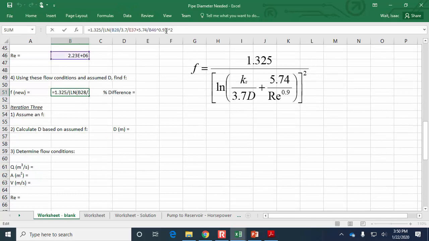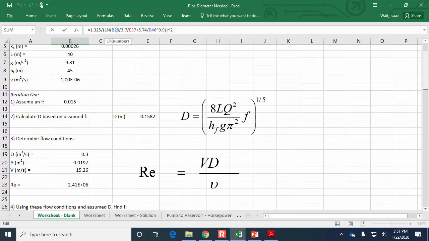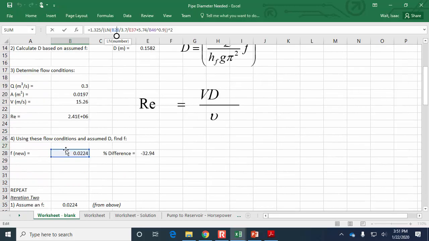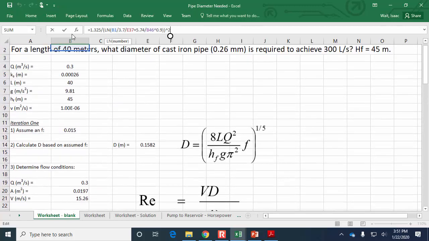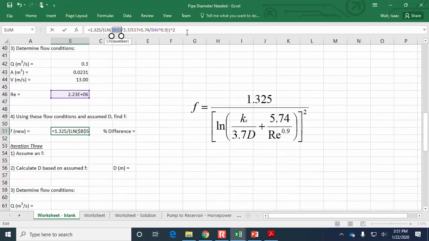Other times you have to debug it a little bit. So the logarithm of k sub s to d. Yeah, the k sub s wasn't anchored the way it ought to be. So let me move this back up to where the k sub s should be. There it is. All right, and I'm going to put dollar signs there so it doesn't move next time I refer to it. Diameter is going to change. Reynolds number is going to change.